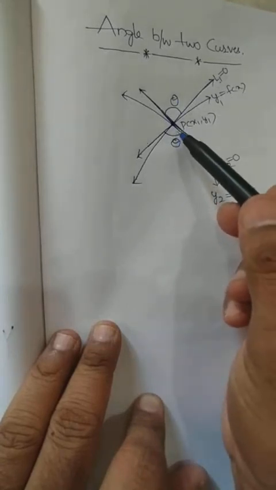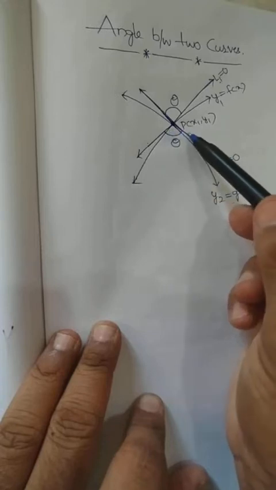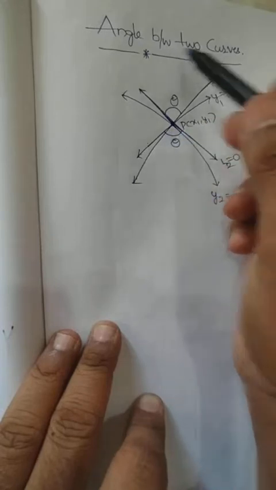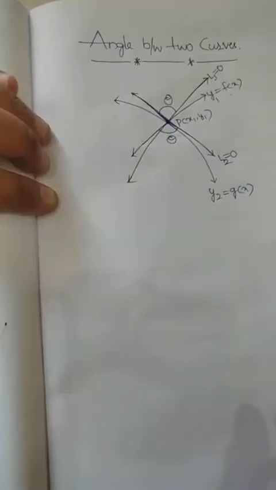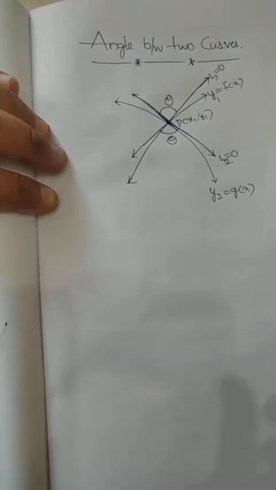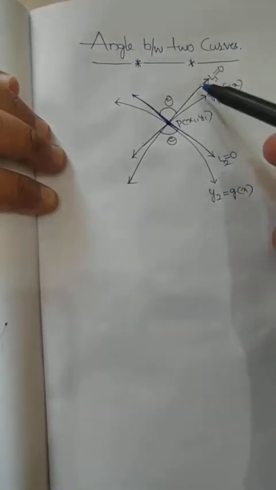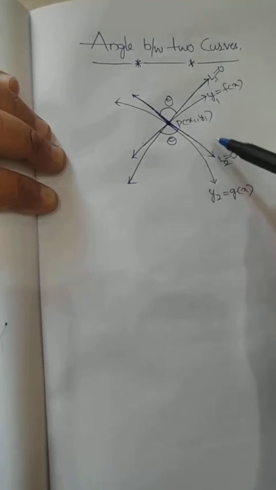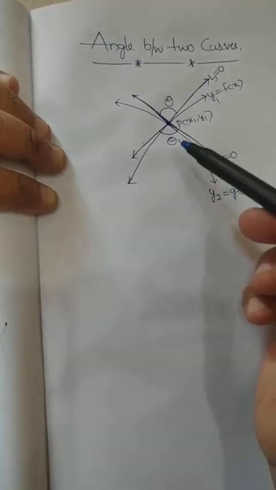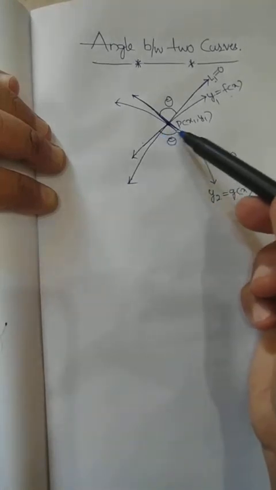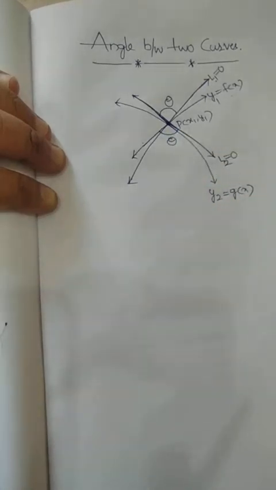The angle between these two tangent lines is the angle between these two curves. That implies if we find the angle between these two tangent lines, that is the angle between these two curves. So hence we have to find the angle between these two tangent lines now.